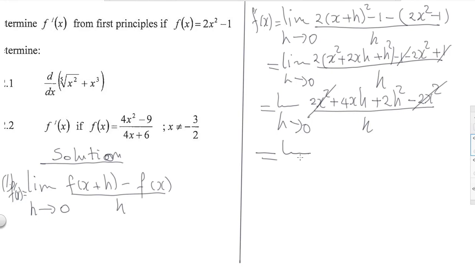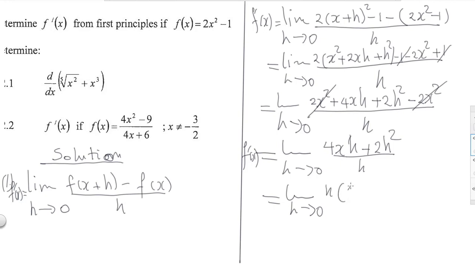equal, we look at when h tends to 0, all this is f prime, derivatives, okay? Then we remain with 4xh, plus 2h squared, all over h. Now you can see that the common factor is h, okay? So we remain here with 4x, and then here will be 2h.